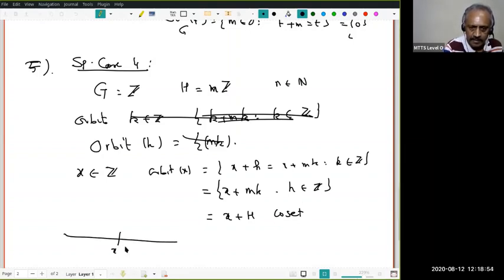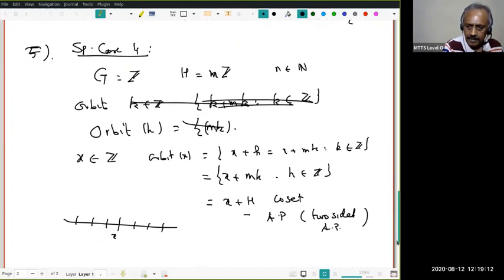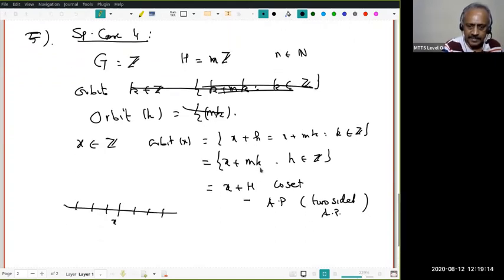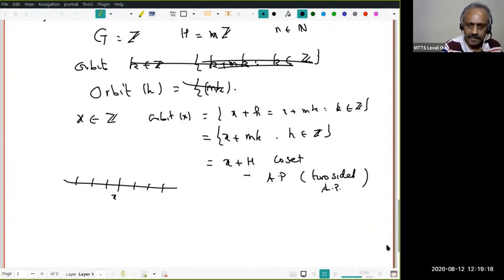Then what do I do? x plus m, x plus 2m, x plus 3m, x minus m, x minus 2m, and so on. Therefore, this is nothing other than a two-sided arithmetic progression. What is the common difference? m, both ways. You understand? Right.